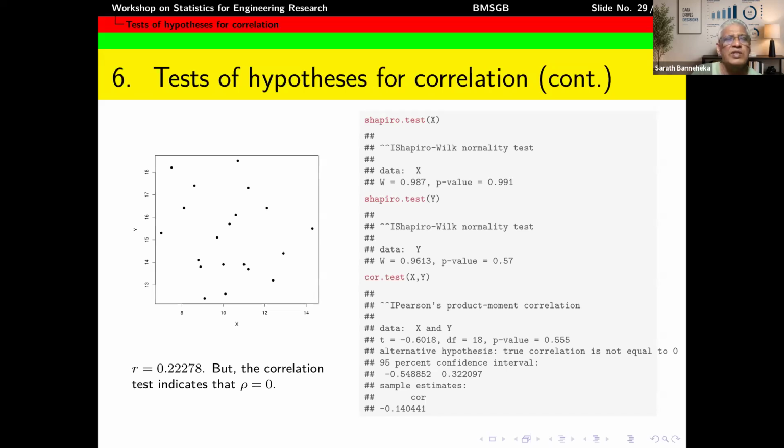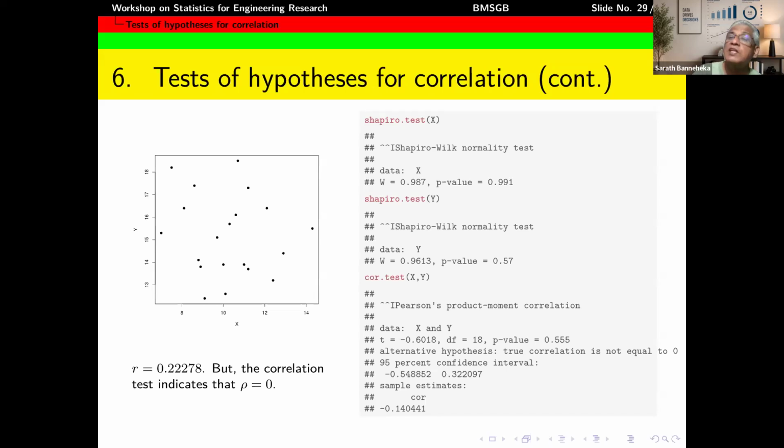That is not the most correct thing to do, but that is what many people do. If X and Y are not normally distributed jointly, then of course X will not be normally distributed, Y will not be normally distributed. So that is what many people do.